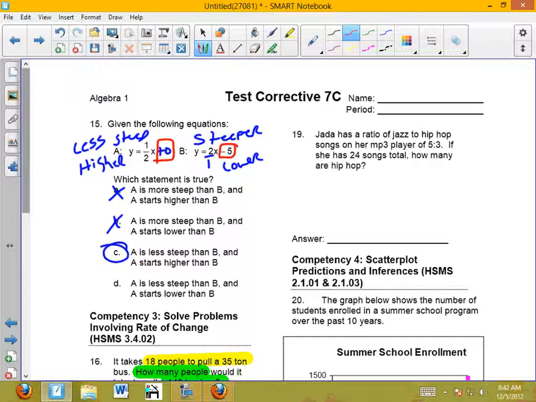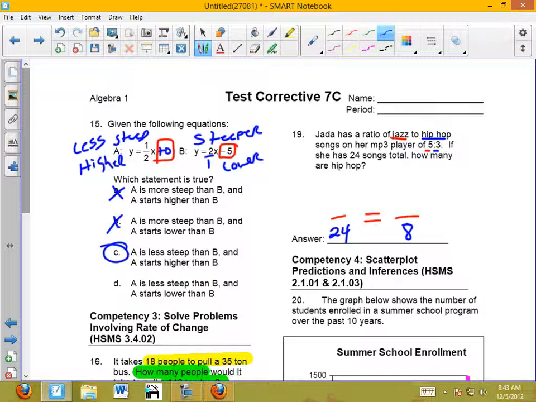Jada has a ratio of jazz to hip-hop songs that is 5-3. Jazz to hip-hop. If she has 24 songs total, how many are hip-hop? Fraction equals fraction. Totals on bottom. 24 songs. 8. 5 plus 3 is 8. It doesn't matter where you put the 8 or the 24.